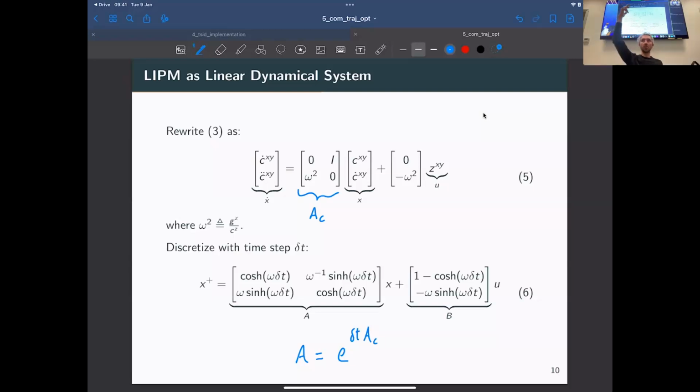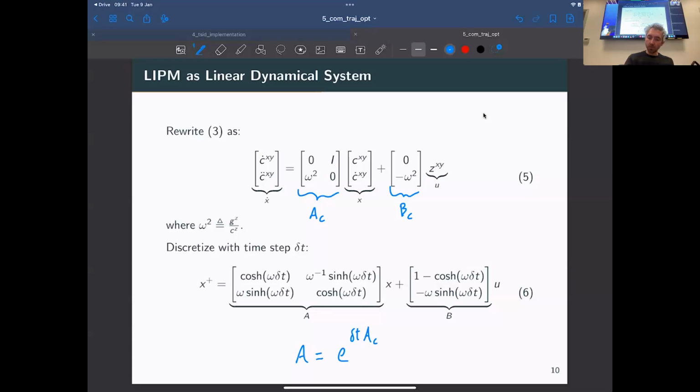That's the matrix exponential of that matrix there. And you have a similar relationship between B and BC. It's just a bit more complicated. There is also an integral inside. But this is classic linear control theory tools.